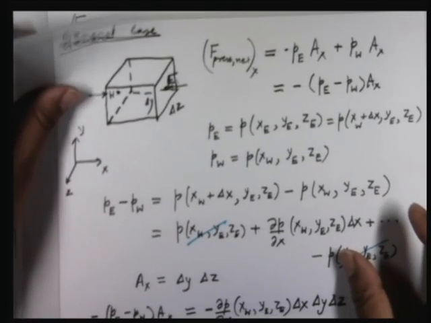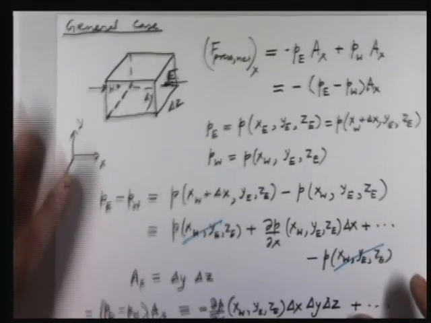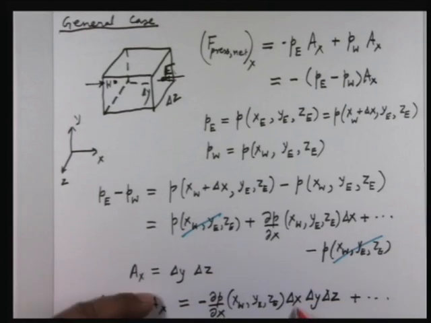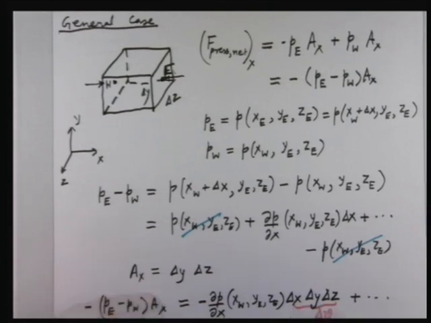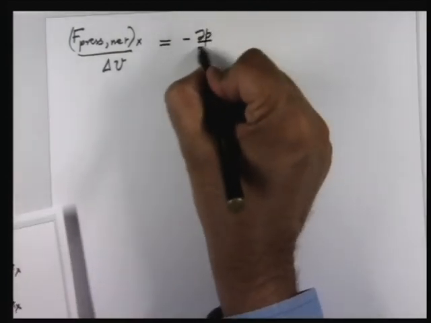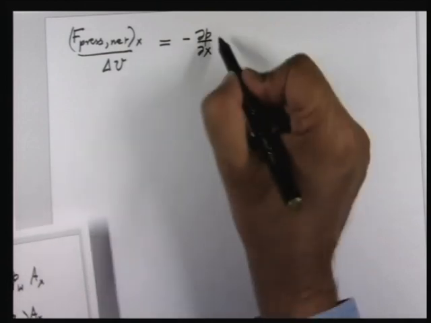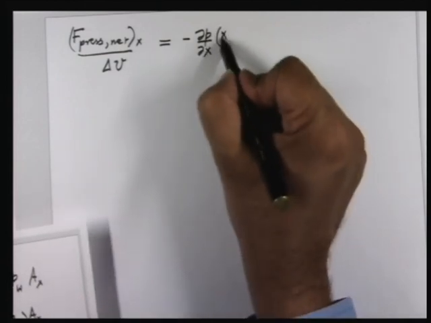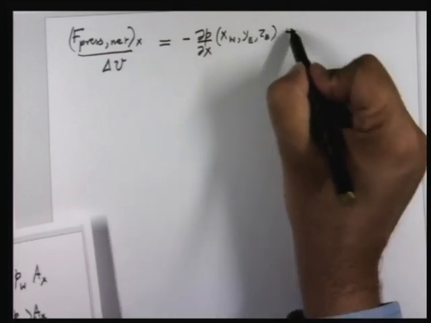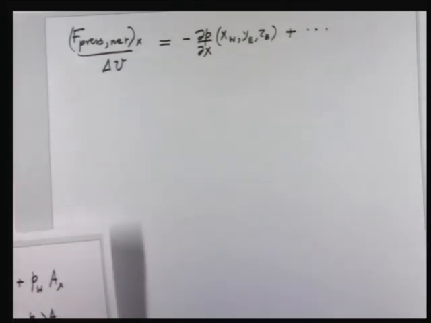If I go back over here, this product is your delta V. So if you divide by delta V, you will have simply minus del P del X, evaluated at some point, and some higher terms.